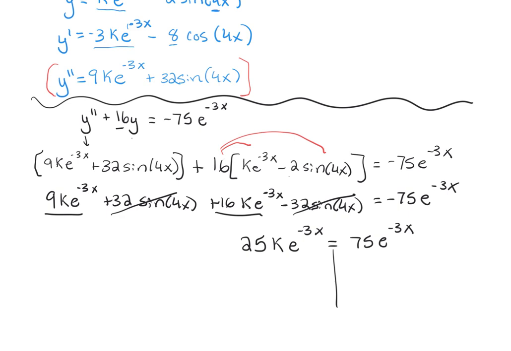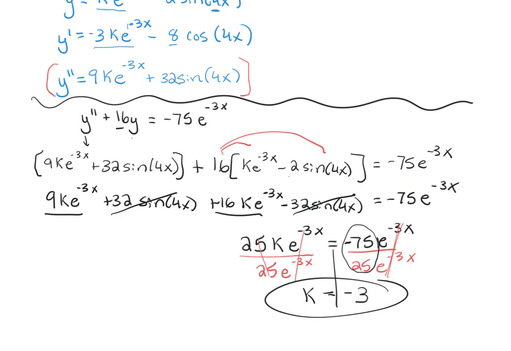And if I want to solve for k, I'm going to divide both sides by 25e to the negative 3x. So these cancel. Forgot to bring down my negative right there. So then k equals, what is negative 75 divided by 25? Negative 3. Whew, so all of that, the answer was negative 3.